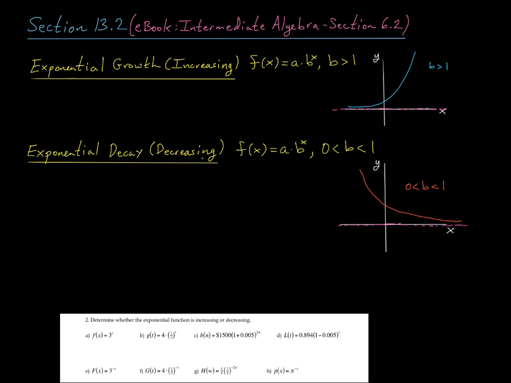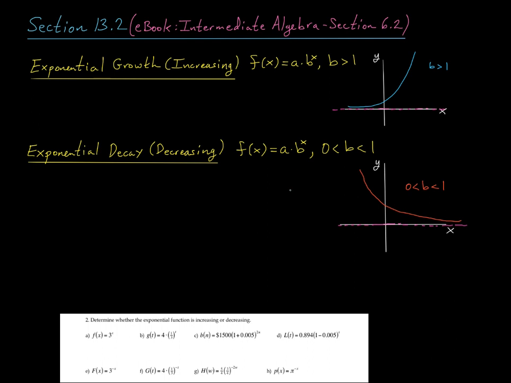Now for decay, this is going to look like something like this for the graph, and this will occur when our base b is between 0 and 1. So let's say, for example, the base b is 0.85. Well, as we've seen in a few of the previous videos, that would be really applying a 15% decrease, right?